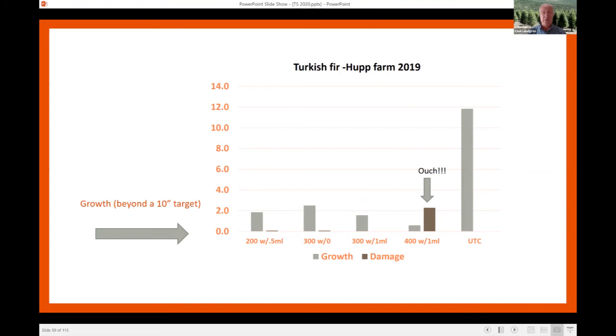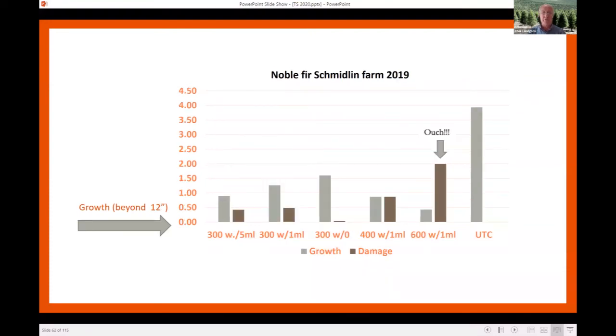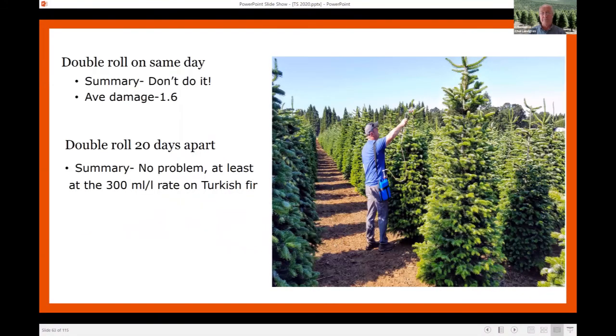And that's kind of what the rest of these slides show, just our tests with different rates and different sites that have a different kind of inherent growth potential for Nobles and Turkish fir.